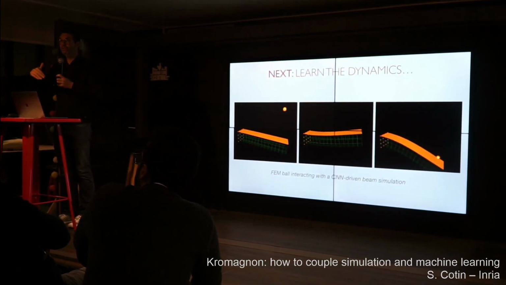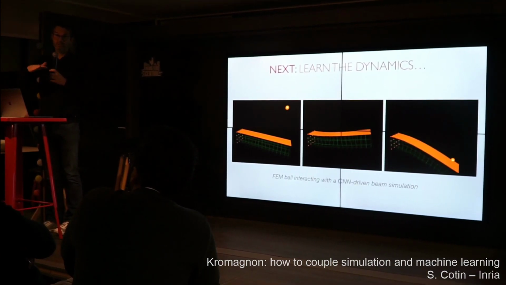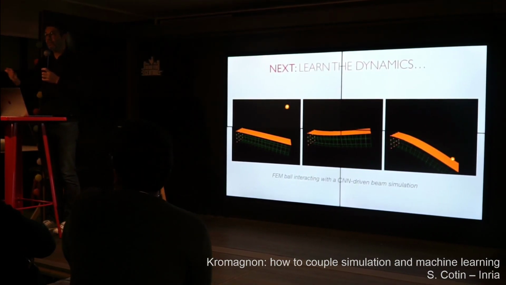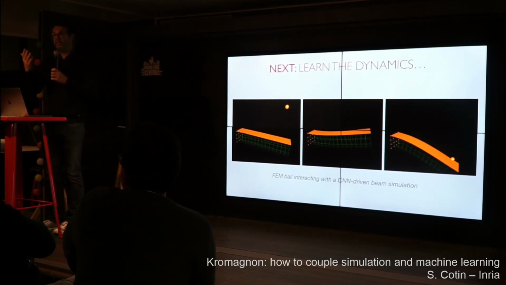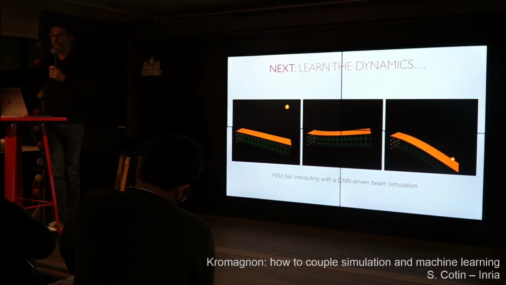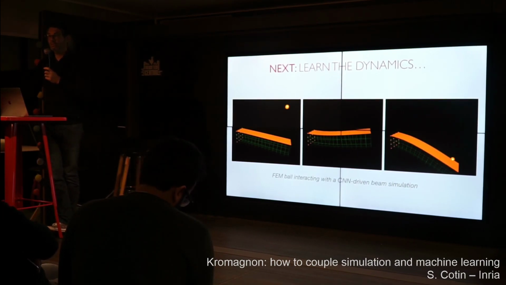So we trained the network to learn the relationship the other way around, from an input which was a deformed configuration, actually an image in that case. We learned what was the reaction force, or the force that you needed to apply to do this. So I would say on that basis, what you propose should work, yes. No problem.